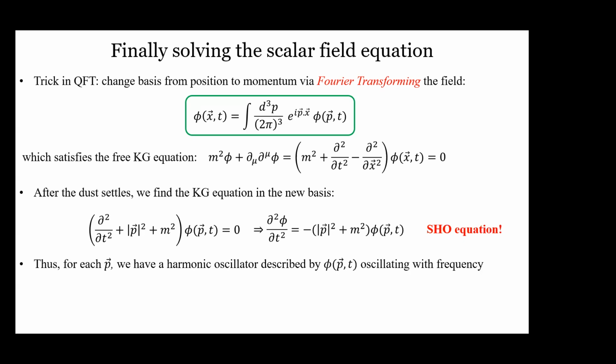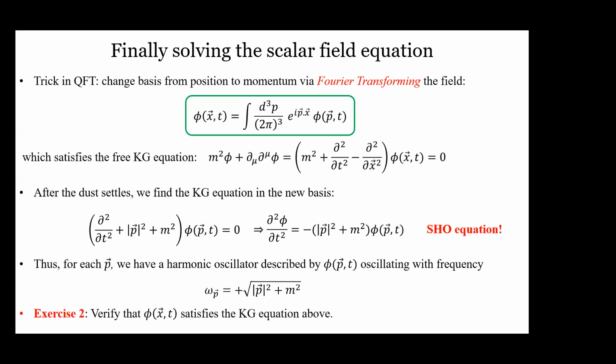All right. And thus for each momentum, we have a harmonic oscillator described by phi_p(t). But how many of these do we have then? Infinite. Space is infinite, so momentum is also infinite, right? So you have an infinite number of harmonic oscillators described with fields, right? Each with a frequency, the square root of p squared plus m squared.